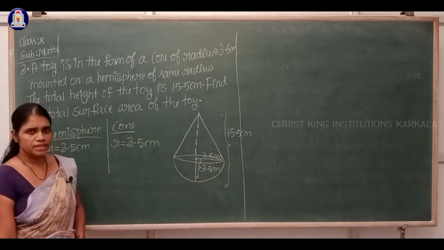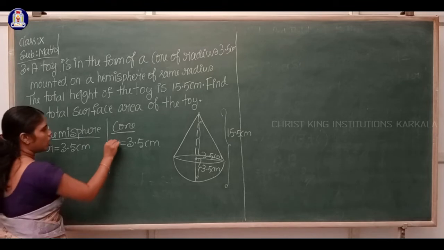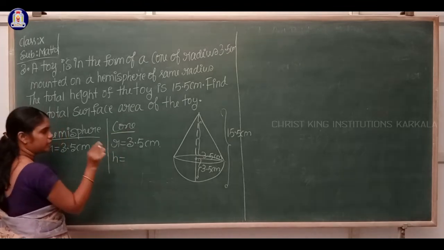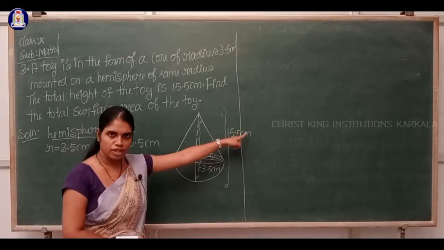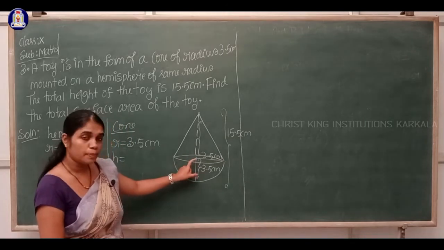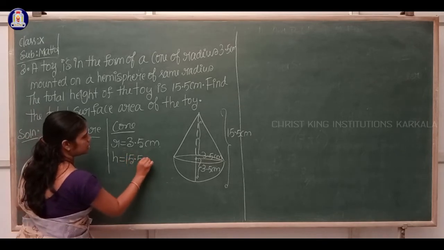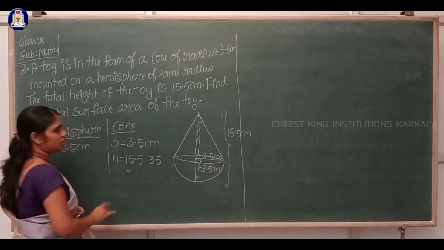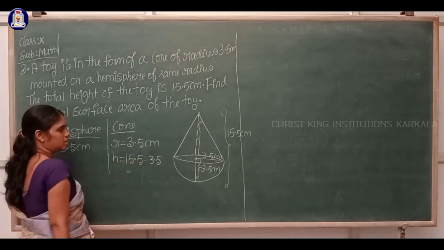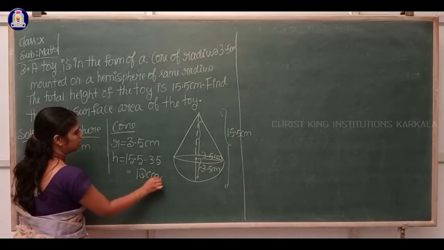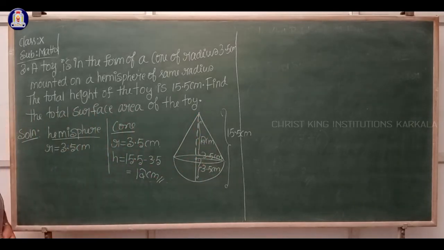First I will calculate the height of the cone. From this 15.5 centimeter, if I remove this 3.5 centimeter, the remaining part will be the height of the cone, isn't it? 15.5 minus 3.5 is 12 centimeter. So the height of the cone is 12 centimeter.